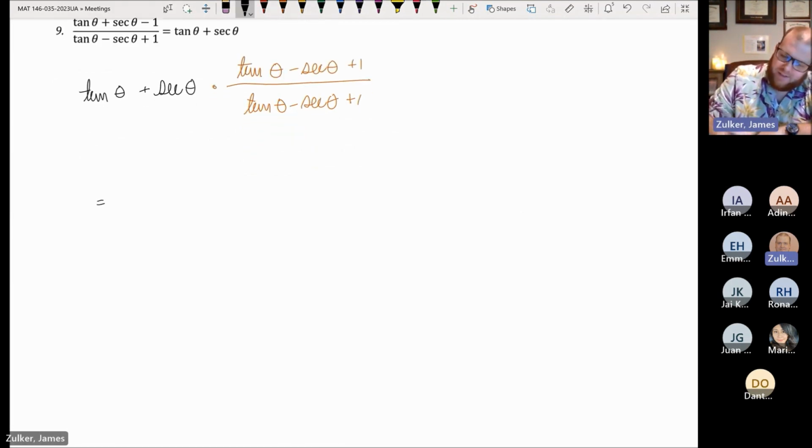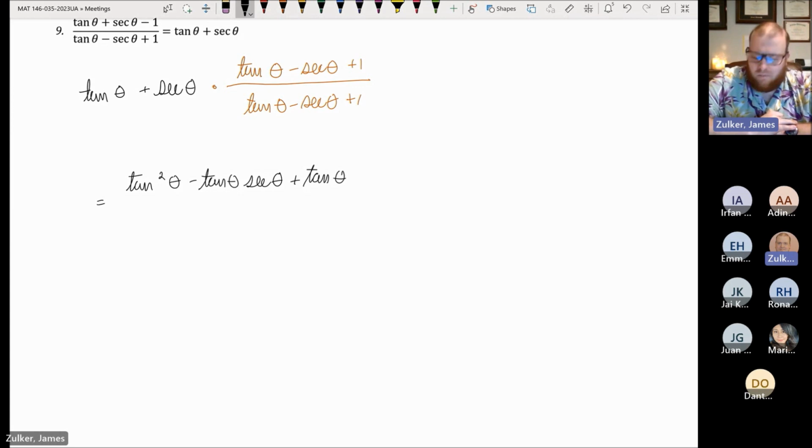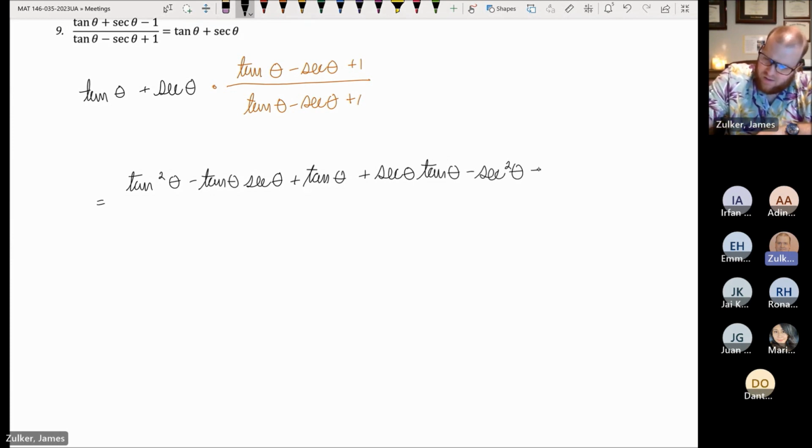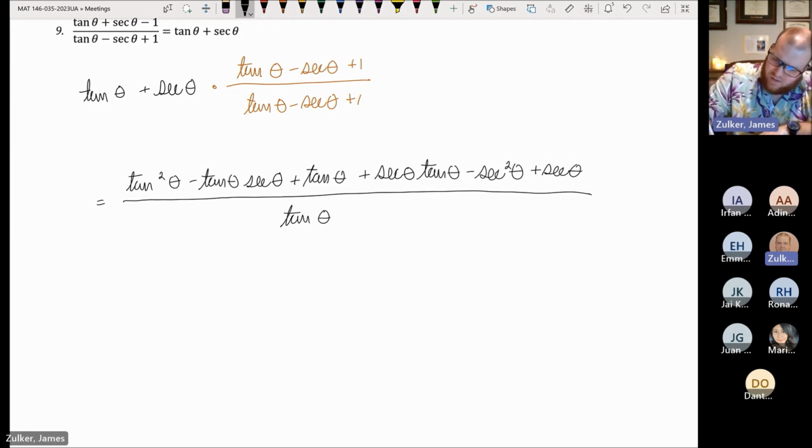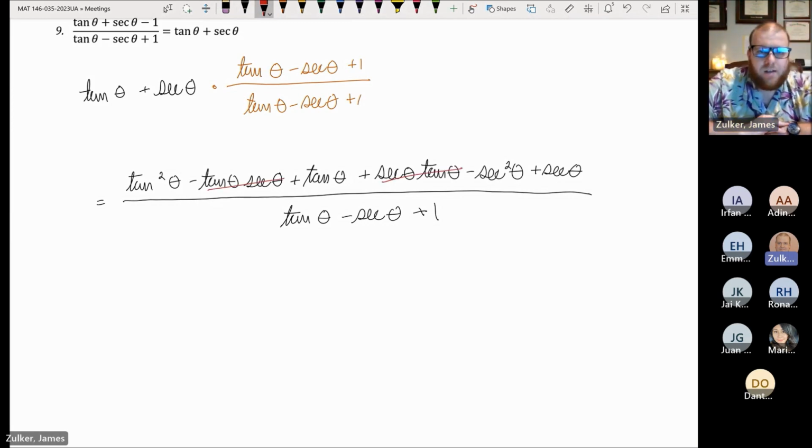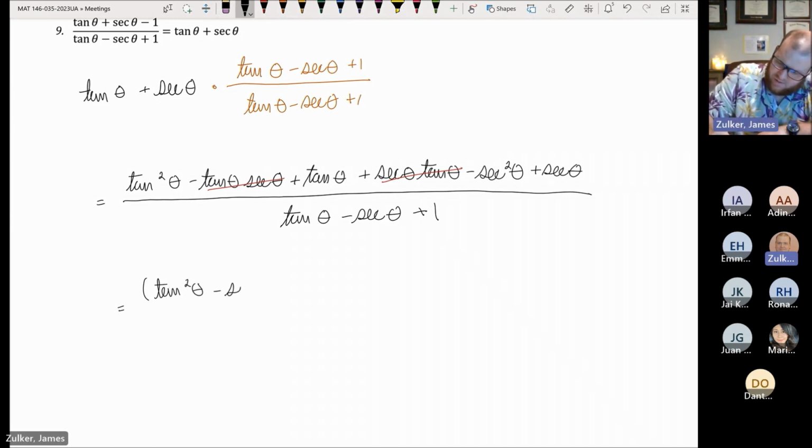I'm going to do that on the next line. Right, just distribute the numerator, then group tangent squared minus secant squared together.